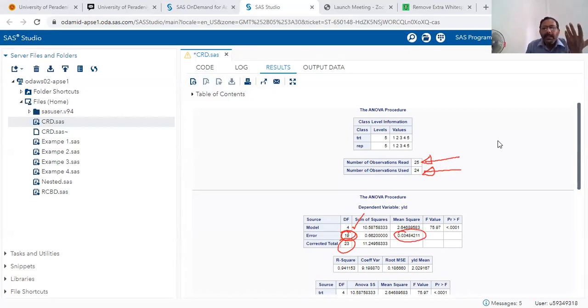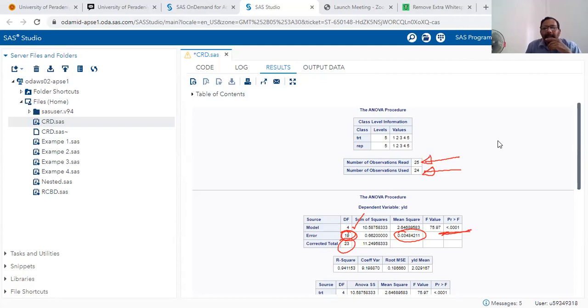If degrees of freedom changes, what will happen to the error? The error mean square will change, because mean square totally depends on it, and the sum of squares also slightly changes, not very big, because one data is missing. The total sum square will be slightly different. The treatment sum square is also slightly different. Everything is slightly different, but still it is significant.